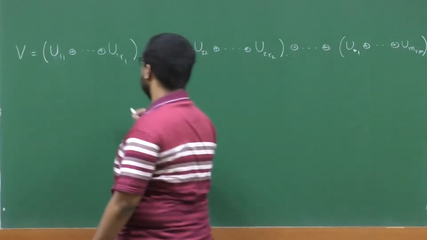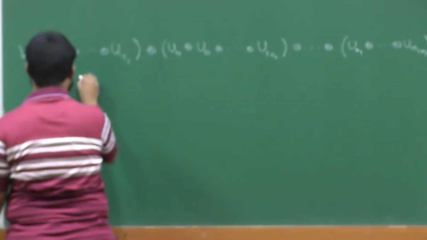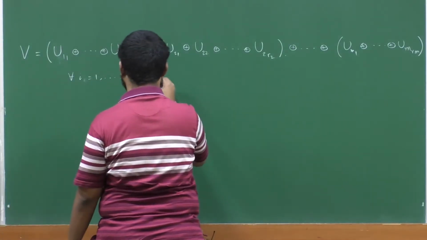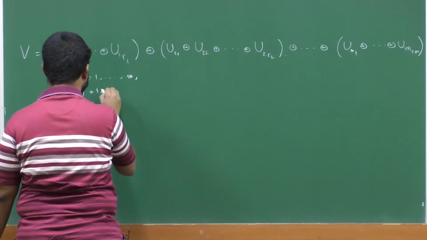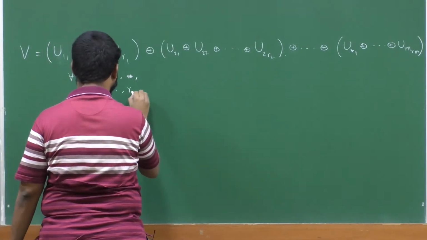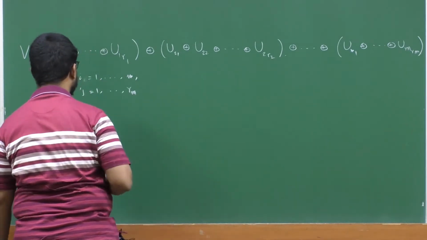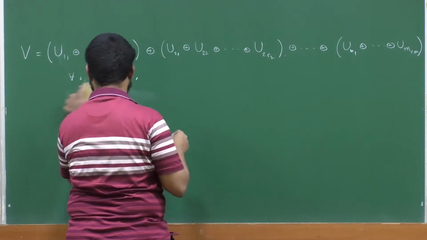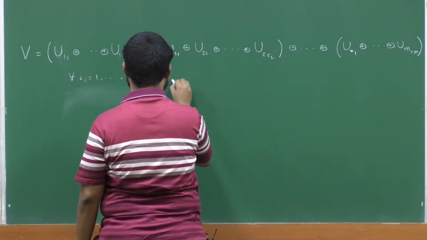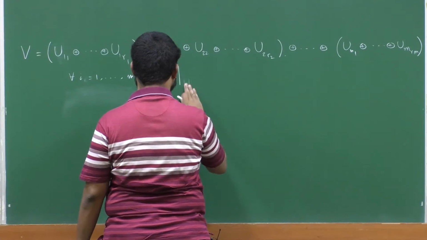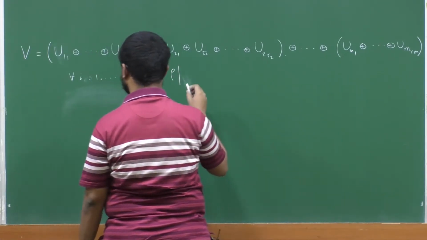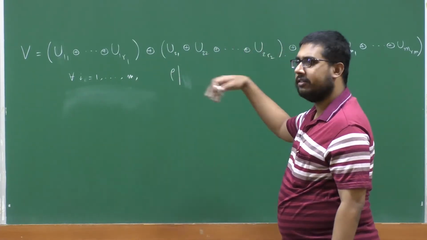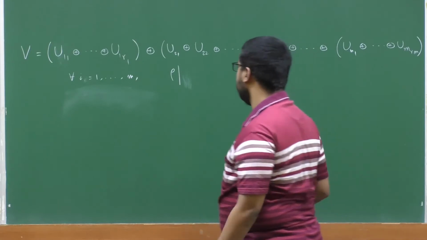So what's the assumption here? For all i from 1 up to m, and j from 1 up to R_i: what I want to mean is that in each cluster any two summands have isomorphic subrepresentations.